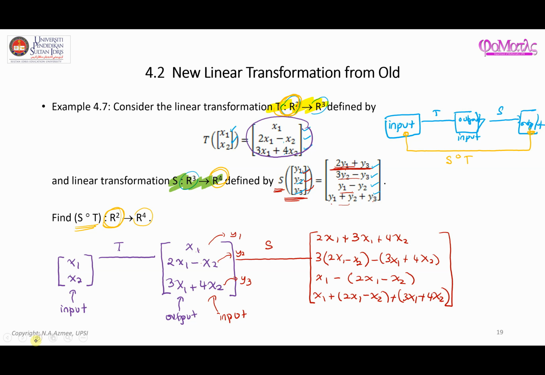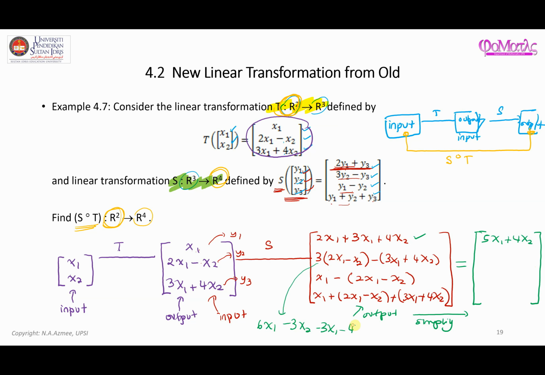So I'm just going to continue this. This is the output of S. And I'm just going to write down the simplification of this result. So this is equal to 2x1, 3x1 together, so 5x1 plus 4x2. Okay, done. This one is 6x1 minus 3x2 minus 3x1 minus 4x2.